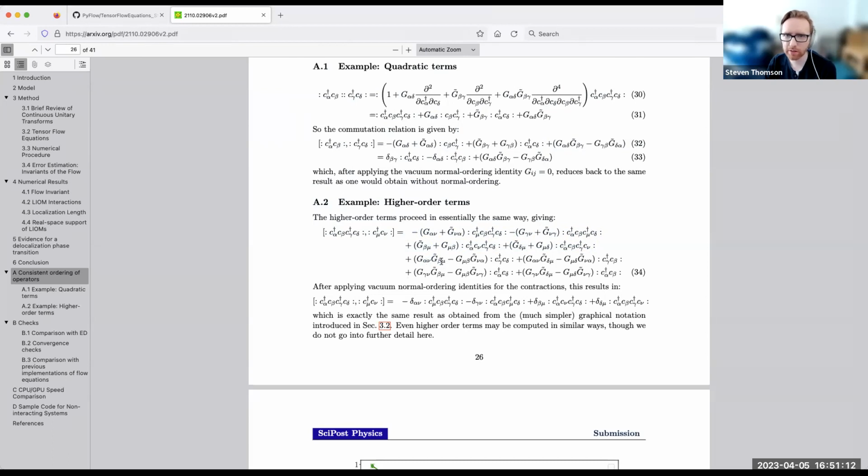It's a delta function times an expectation value, and you need to pick the states for the expectation value. So one of the conventional choices would be the vacuum state, in which case all these terms vanish, which is what I'm using in this work. But as I say, you don't have to choose the vacuum state. You could choose any state that you want. And then in that case, you need to include these terms. And analytically, I find this really messy. But with the graphical notation, it's much quicker and much easier.